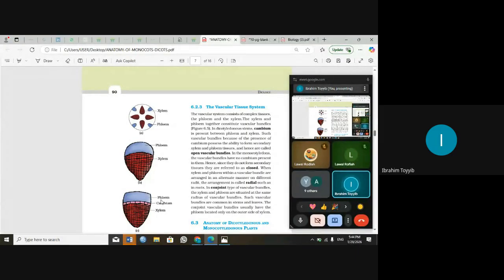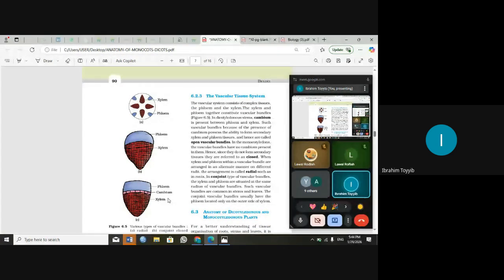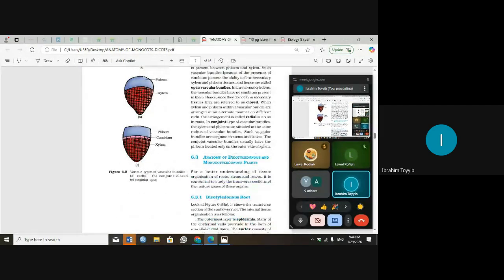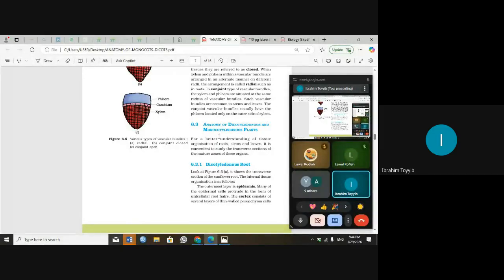In between the xylem and phloem, in some structures, we have cambium, and that cambium is responsible for secondary growth, the vascular cambium. Cambium is only present in dicotyledonous plants. Only dicotyledonous plants, that's why we have cambium in the dicotyledonous stem. Just take note.